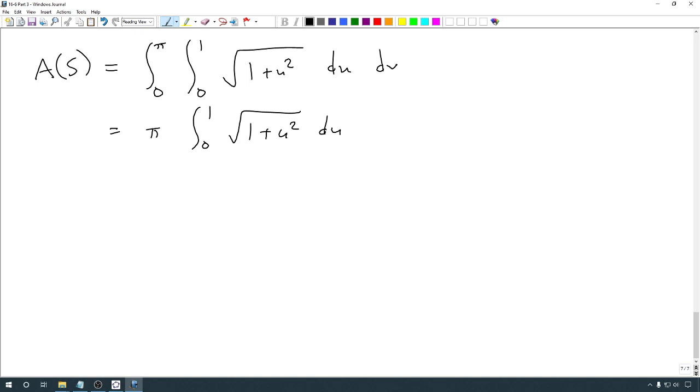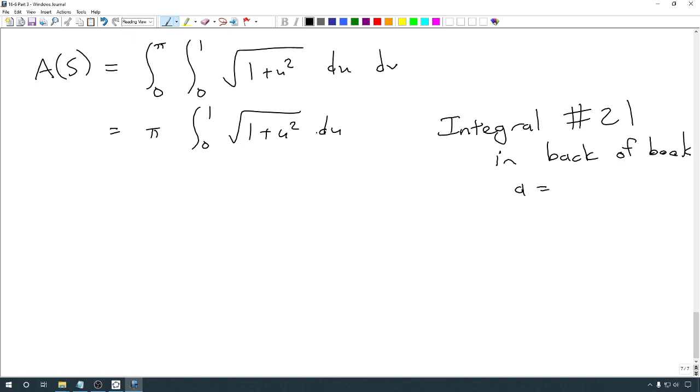In the back of the book, there's a table integral, and this is integral number 21. Specifically, there they have the square root of a squared plus u squared, but here a is going to equal 1.